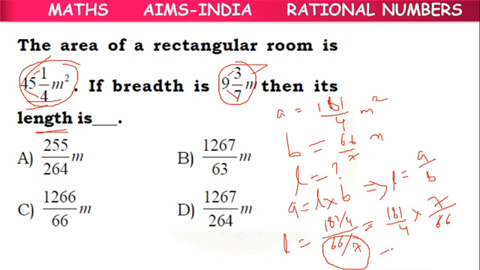Let us multiply. 7 1 is 7, 7 8 is 56, 5 remaining, 7 1 is 7 plus 5, 12. 1267 in the numerator. Denominator: 4 6 times 24 plus 2, 26. So 1267 by 264 meter will be the length. Option D is the correct answer.